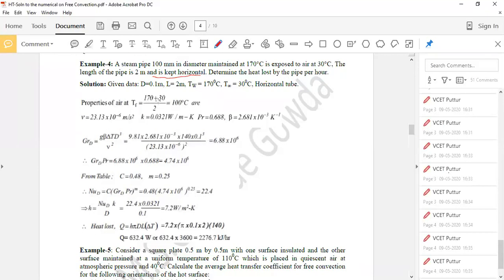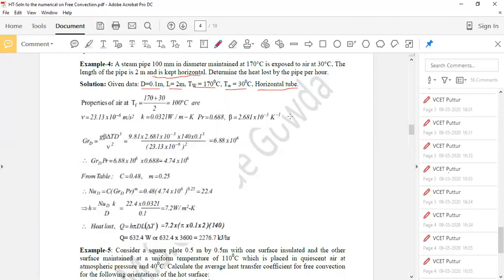The given data: diameter is 0.1 meter, length of the cylinder is 2 meter, wall temperature 170 and free stream temperature 30 degrees centigrade.